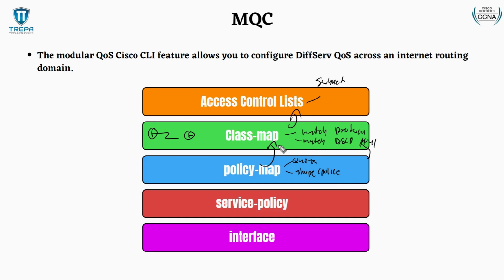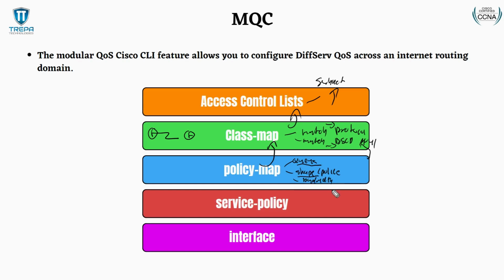So kind of the flow is we create a class map that matches our traffic, however we want to match it, either based off a whole subnet as defined by an ACL, match it based off a protocol, or match it based off some markings in the IP header. And then when we create our policy map, we're going to say, hey, when you're dealing with traffic in this class, I need you to queue it this way, shape it this way, or give it this much bandwidth, right?